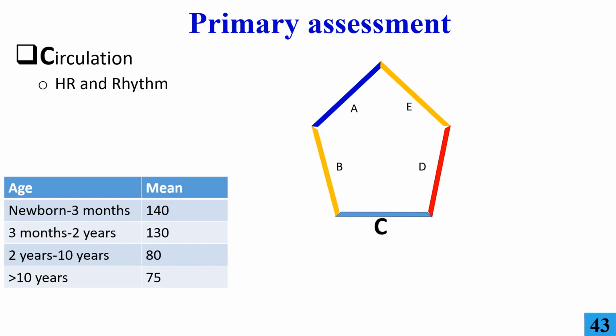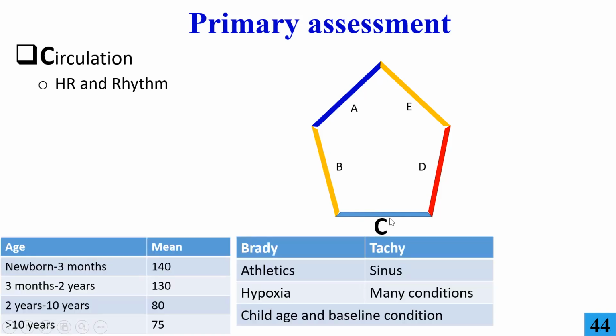And as the chronological age goes by, the heart rate goes down, and usually it reaches the adult level around 75.